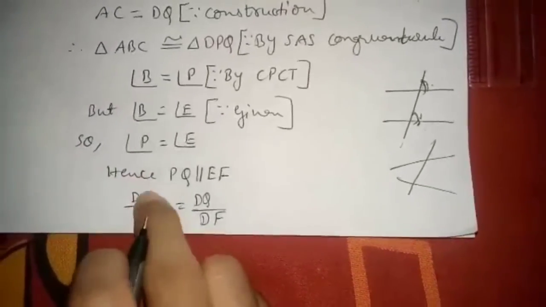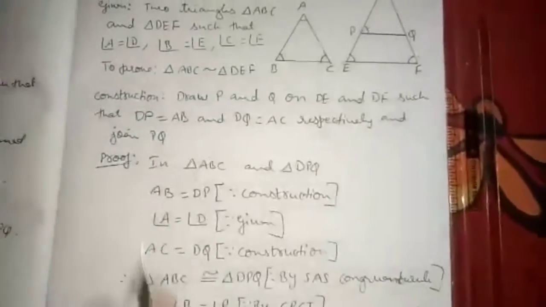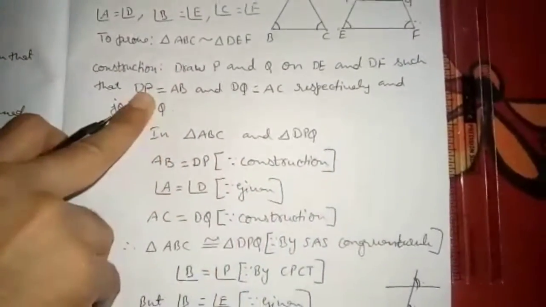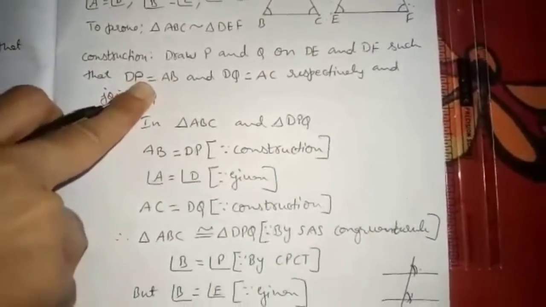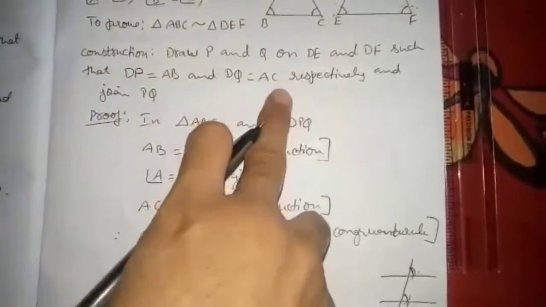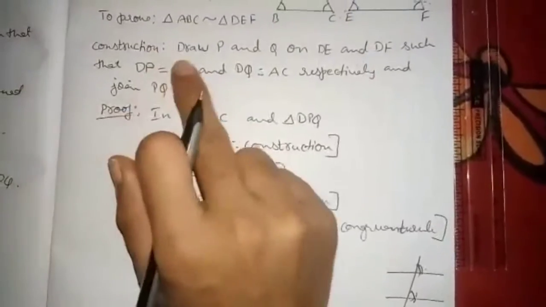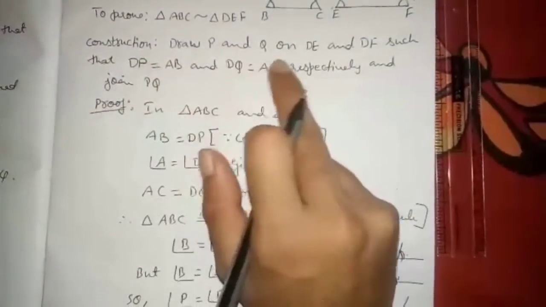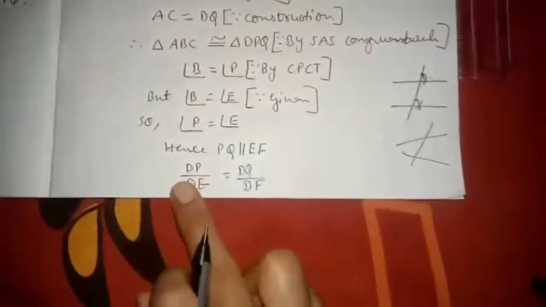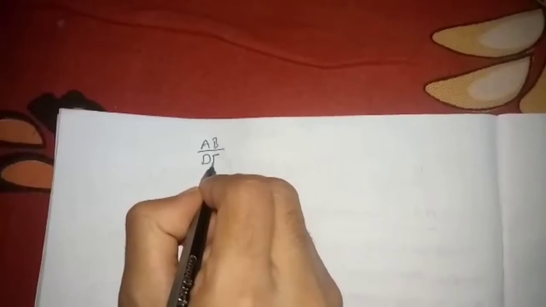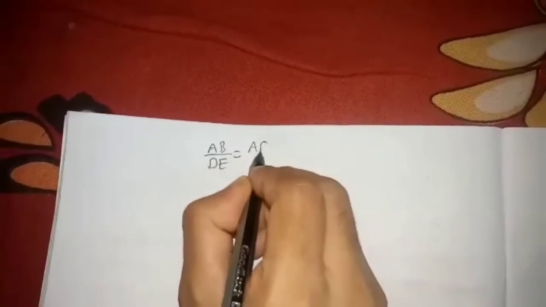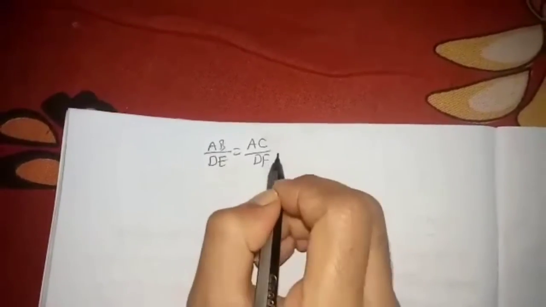But what is DP? In the construction we got DP equal to AB and DQ equal to AC. So we'll substitute this here. In place of DP we substitute AB, and in place of DQ we substitute AC. So AB by DE is equal to AC by DF.